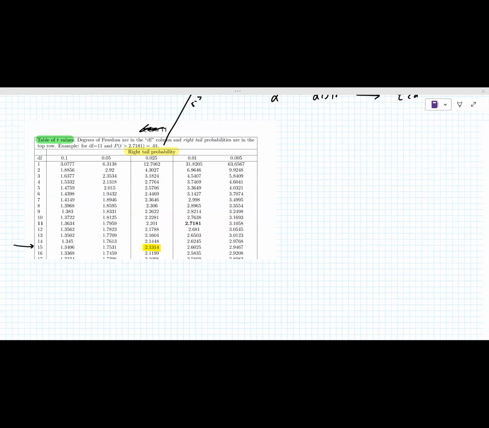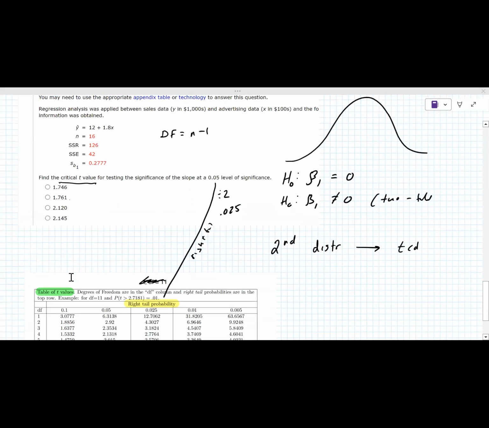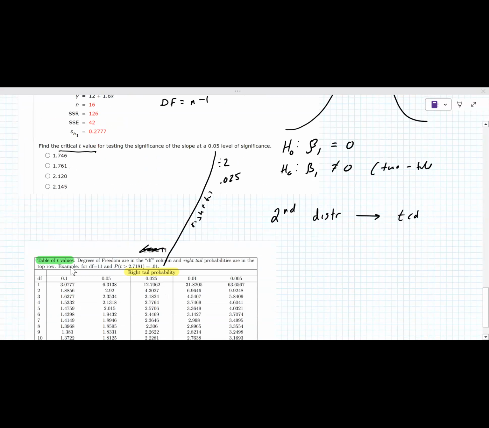Okay, let's do it another way. Let's do a calculator, t distribution. All right, so we want in the right tail 0.025. Does it say right tail? No, two tail. Degrees of freedom, 15. 2.131. Wow. It's right in the middle of those two values.